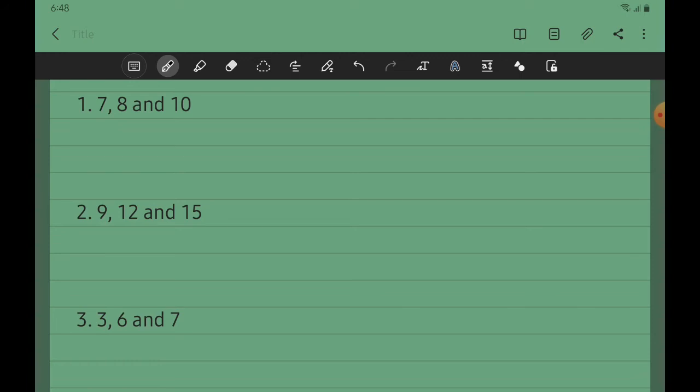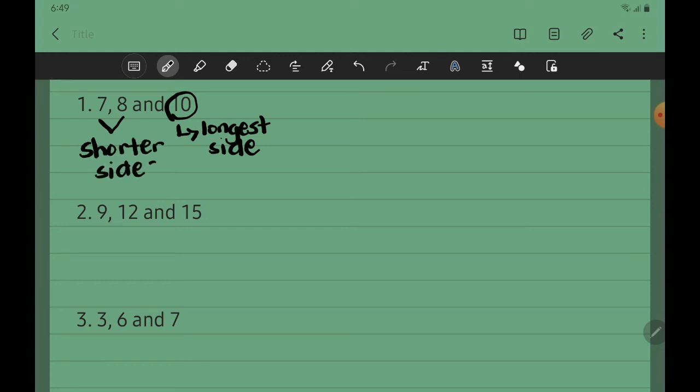We have 7, 8, and 10. So, from here, if this is our given measurements, obviously, the biggest number, which is 10, is our longest side. And then, obviously, the remaining numbers, which are 7 and 8, are our shorter sides. So, we're going to use the formula C squared, A squared plus B squared.